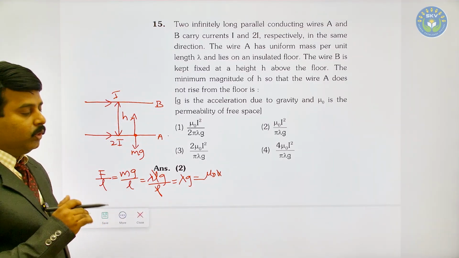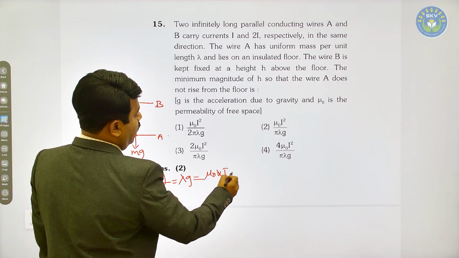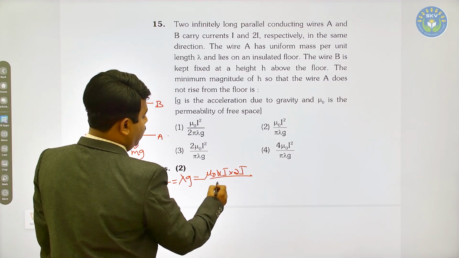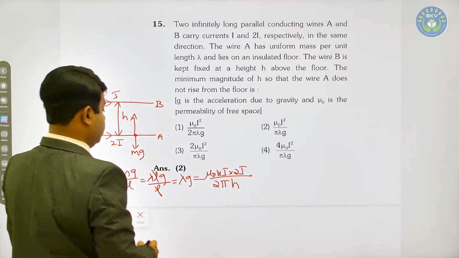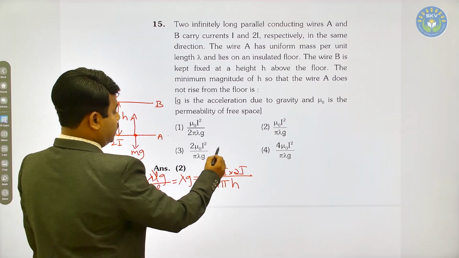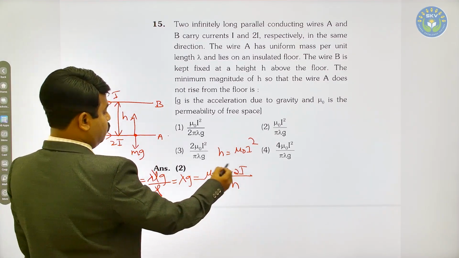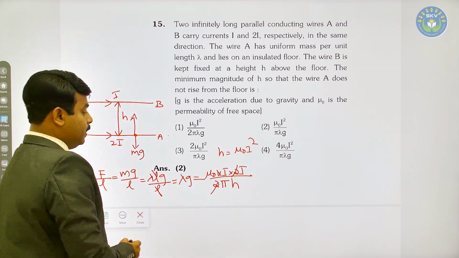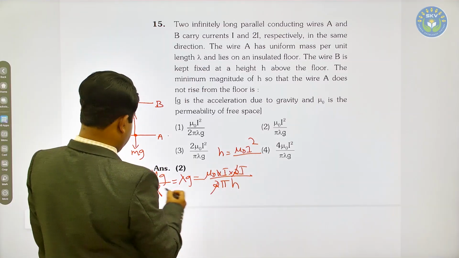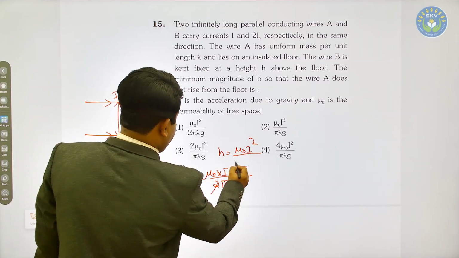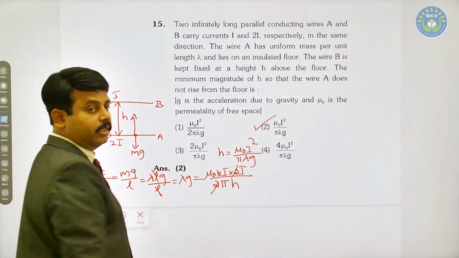Mu 0 I1 I2 divided by 2 pi r. That is mu 0, I and 2I divided by 2 pi r. r is h. Now I can write h is equal to mu 0 I square divided by, this 2 cancels, pi lambda g. So we have pi lambda g. Then which is the option? Option 2 is correct.